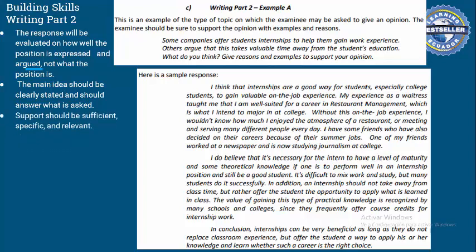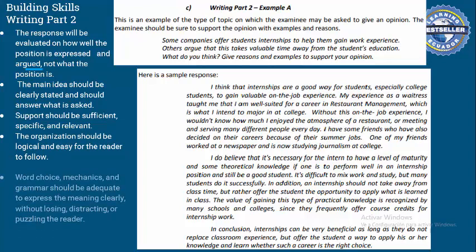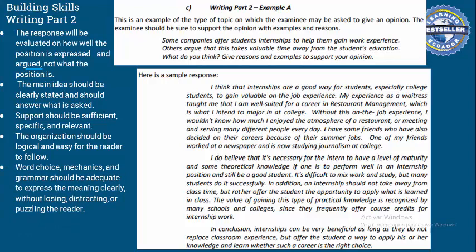Support should be sufficient, specific, and relevant. The organization should be logical and easy for the reader to follow. Word choice, mechanics, and grammar should be adequate to express the meaning clearly without losing, distracting, or puzzling the reader. And use paragraphing and transitions to show how ideas relate to each other and to the main thesis.